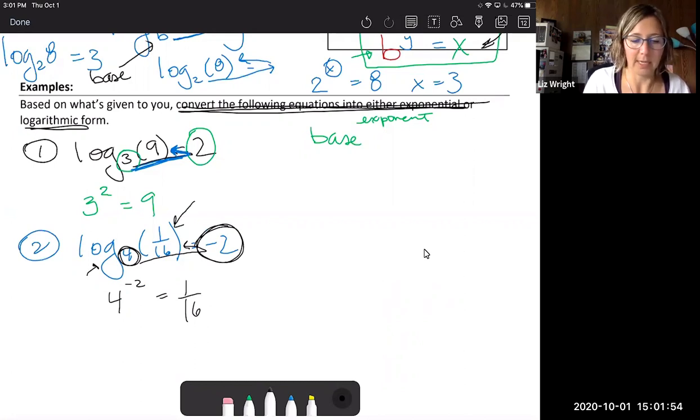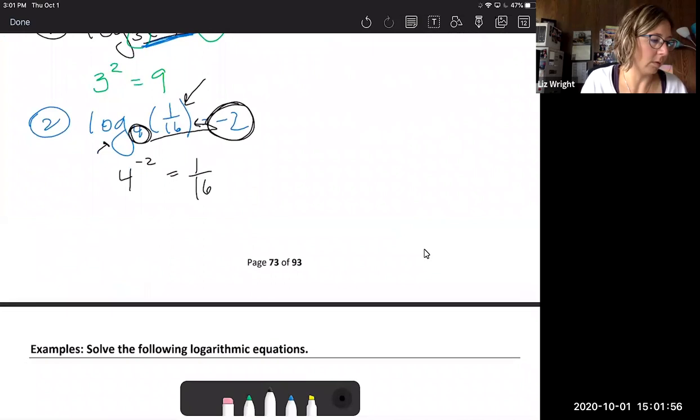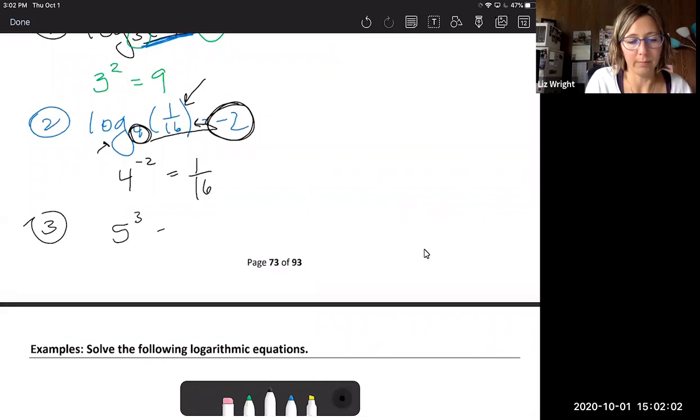All right, next example, number 3. This time I'm giving you it in exponential form, 5 to the 3rd equals 125. All right, so write your log. We're going to have a little number that goes here, that's going to be our base. Fill in your base. What is it?